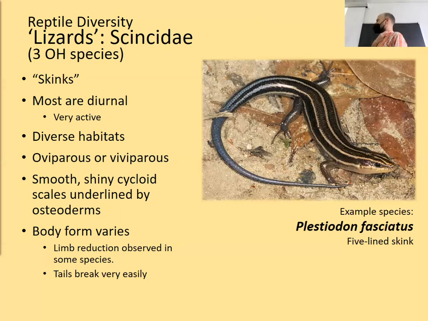There are two other species that live here in Ohio as well. We'll get into that detail later, but that's my example for our skinks. Very diverse group of lizards found around the world, in a variety of habitats. There are some skinks that actually have family units and very complex social structures that they're studying in Australia. Really neat stuff.